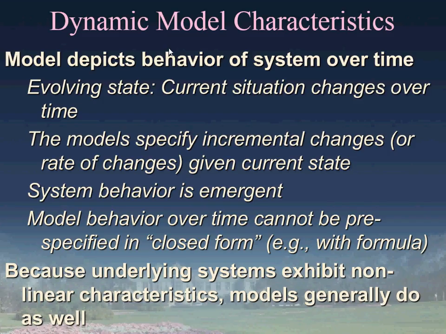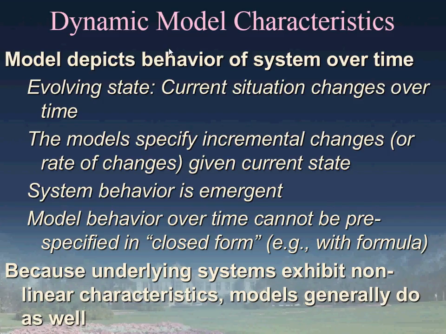Or for a system dynamics model, it might say, okay, if you have this many people with pre-diabetes, there's a certain rate, in terms of people per unit time, by which they will develop diabetes. A certain rate by which they'll die. And so we specify incremental change given the current state of the model. If you have this many people with pre-diabetes, this many will be developing diabetes over the course of the year, at this rate per month, or rate per week, or rate per year.